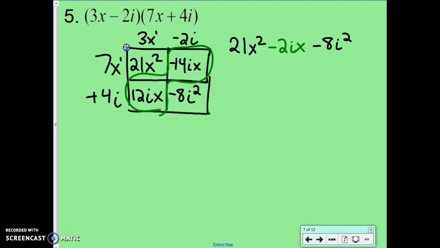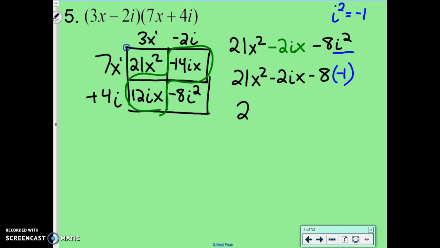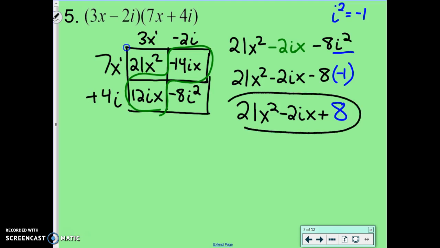Where again, we're going to take i squared and replace it with negative 1. So we end up with 21x squared minus 2ix minus 8 times negative 1. And we end up with 21x squared minus 2ix plus 8. Again, same thing we've been doing.